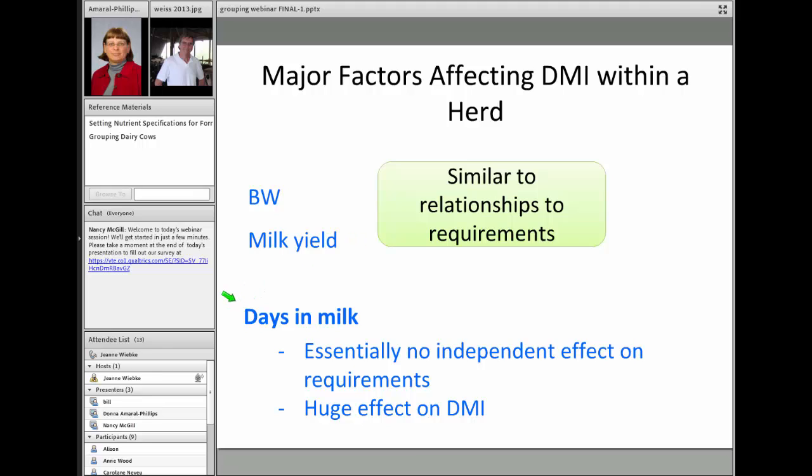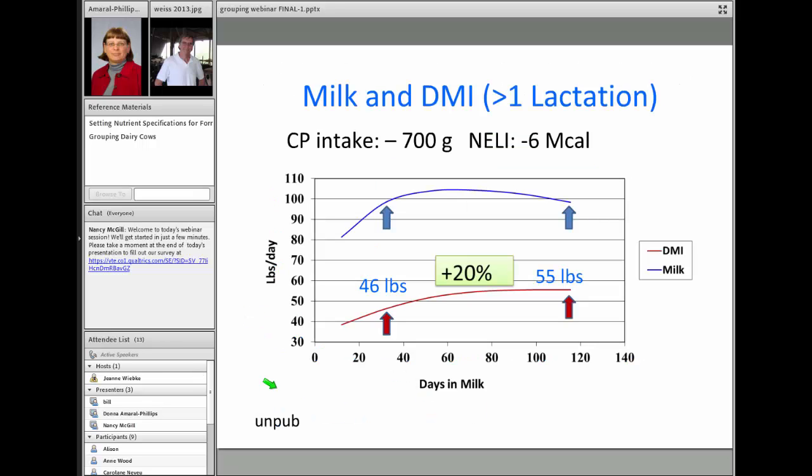But with intake, we have this days in milk effect, which by itself has almost no effect on nutrient requirements. In other words, a cow at 5 days in milk compared to a cow at 500 days in milk, if they weigh the same and if they're producing the same amount of milk, have essentially the same requirements. But days in milk can have a huge effect on dry matter intake. And I'm going to keep coming back to this because that has a major effect on nutrient specs.